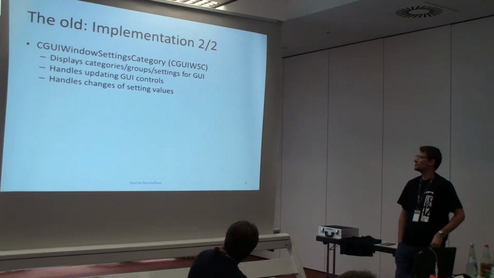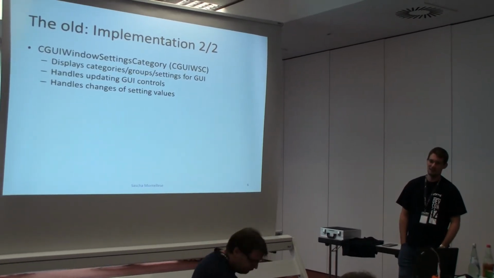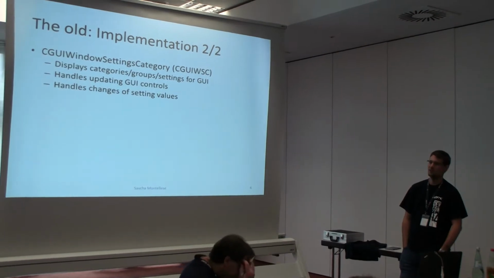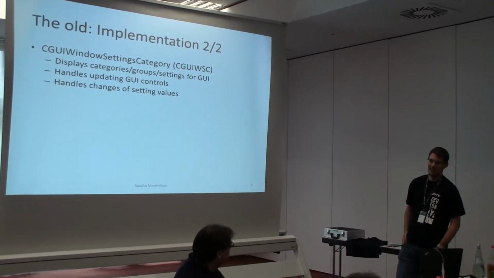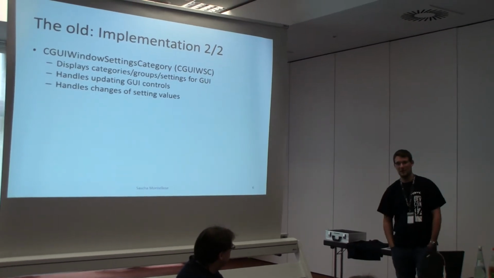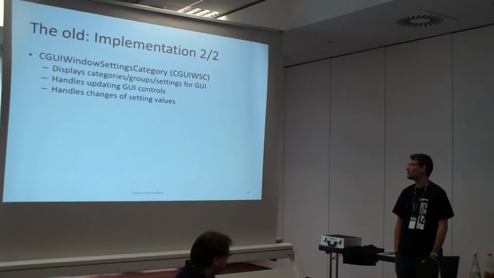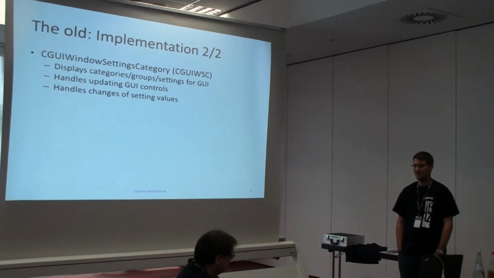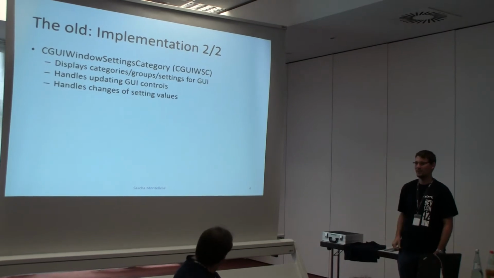And unfortunately, it's also responsible for handling any action that happens when you change a setting. So if you enable the web server, that GUI class takes care of starting the web server and whatever happens if it doesn't work, which is not really ideal because it doesn't have anything to do with the web server, and you needed code for every setting.